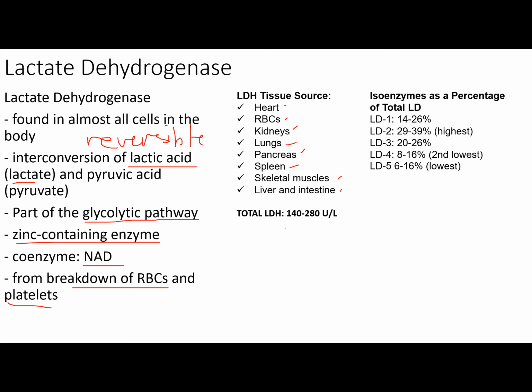So the total LDH is usually 140 to 280 U per L. Now, as I mentioned earlier, ang LDH have 5 isoenzymes, LD1, 2, 3, 4, and 5. Take note, class, that the highest isoenzyme is LD2. LD2 is the highest with a percentage of 29 to 39%, while the lowest, class, is LD5, 6 to 16%.